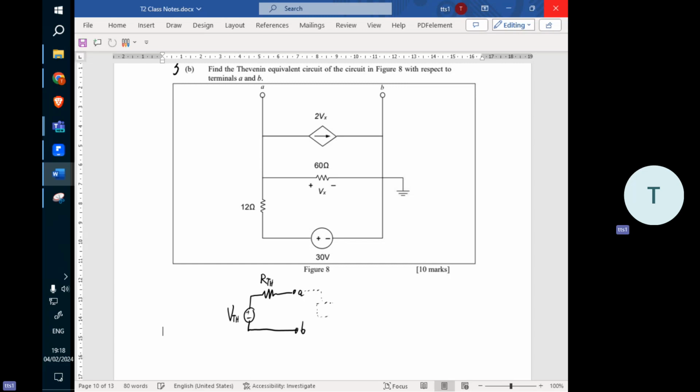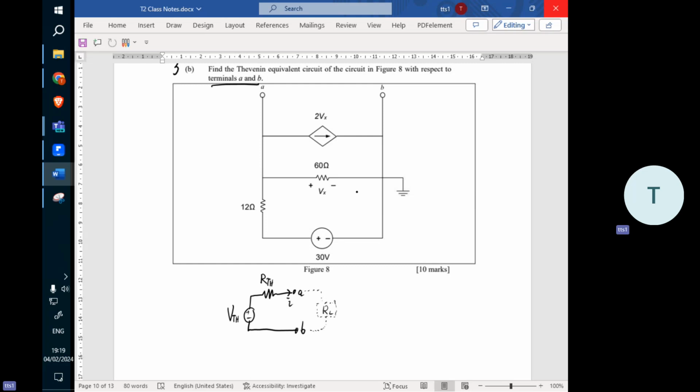Let's say we have an external load later on, called RL. If we connect it to terminals A and B, then it's easier for us to calculate the current, because we have one resistance here, one resistance here, and one voltage here, so it's much easier than the original circuit.